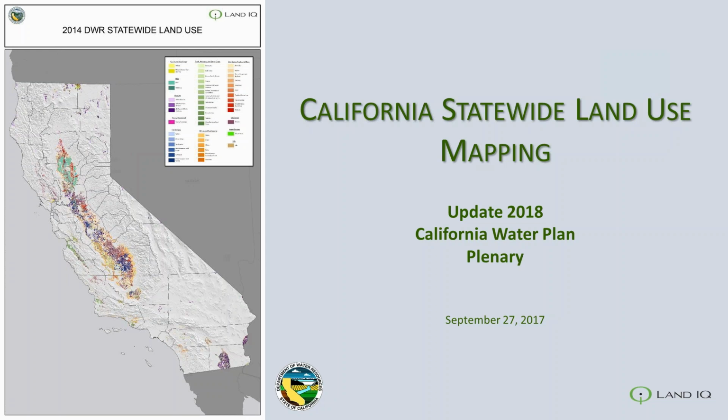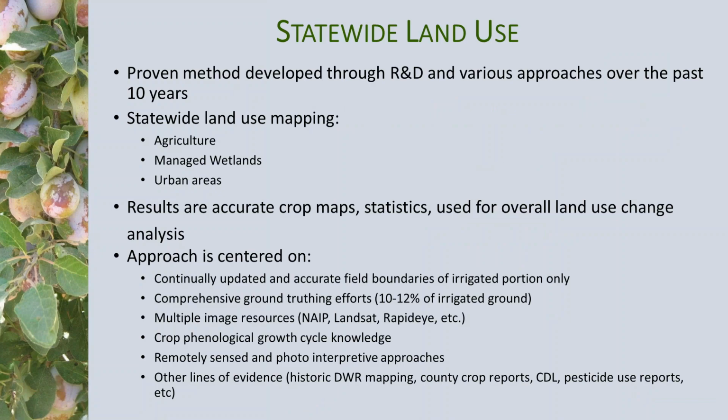Any of you that do modeling and things like that, it's nice to have a comprehensive land base that is consistent across the entire landscape that you're looking at. We've developed this method over the last probably 10 years through some internal research and development work, and looked at various approaches over those 10 years.